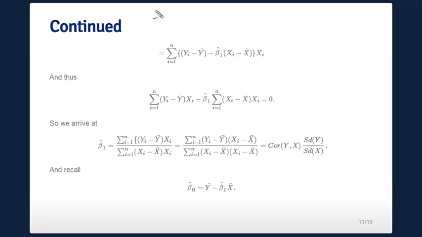Now, let me just note that the summation of yi minus y bar times x bar is equal to x bar times the sum of yi minus y bar, because x bar doesn't depend on i. But this is the sum of the deviations around a mean. But we already know that to be 0, right?